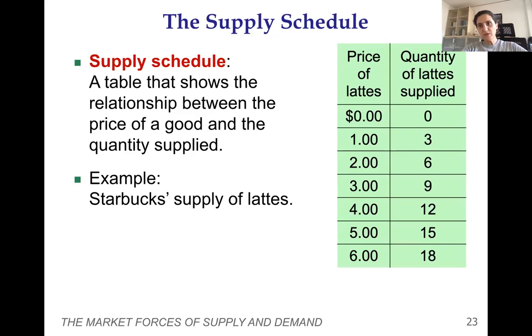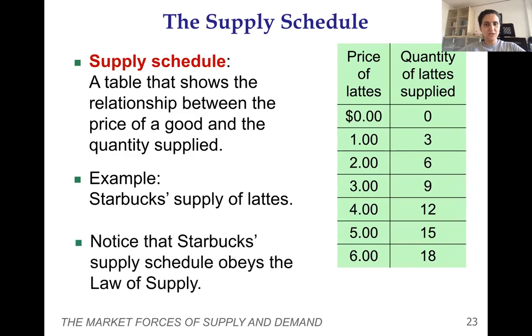Suppose the supply schedule is like this. If the price of a latte is 0, quantity supplied is 0. If the price of a latte is 1, quantity supplied is 3, etc. As you can see, as the price of lattes increases, the quantity supplied increases, which is the law of supply.